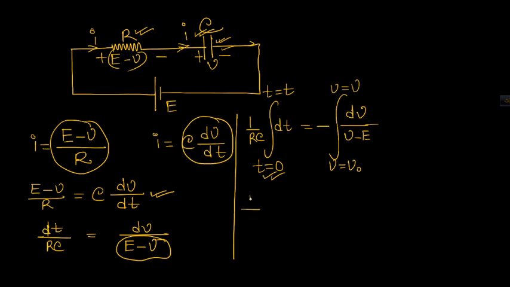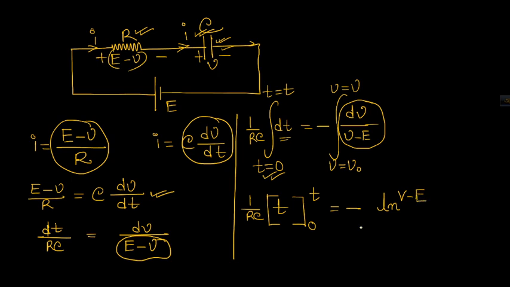Okay, integrate. If we integrate dt, we will obtain t, and in the bracket we will write the limits, lower limit and upper limit, and if we integrate the right hand side we will get ln (V minus E). Okay, now it's so easy.